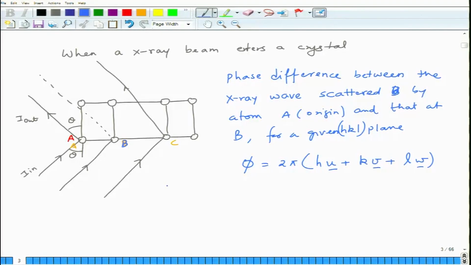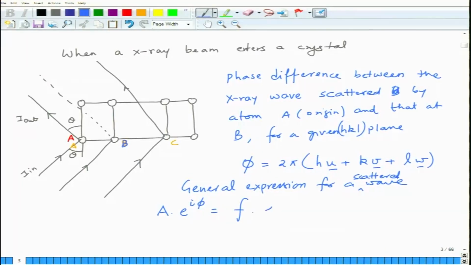So, if you want to write a general expression for a scattered wave, you can write this as A into e to the I phi, which is related to a factor called F times exponential of 2 pi I into (HU plus KV plus LW).